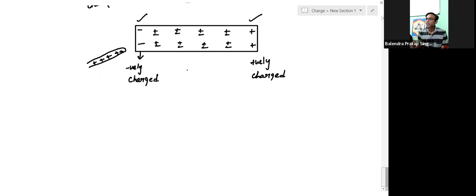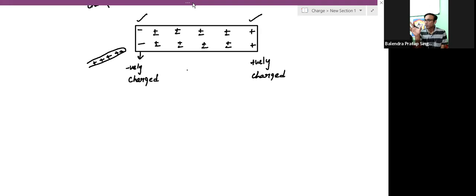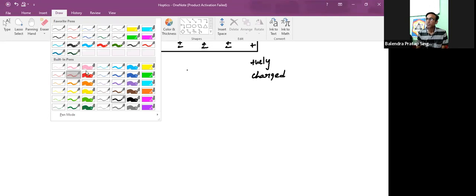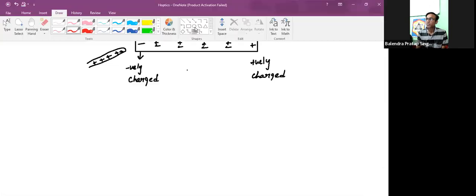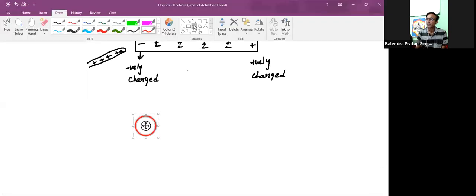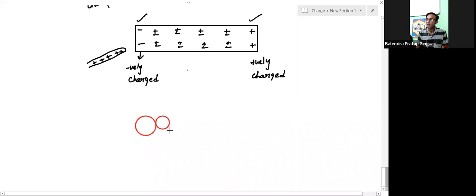Let's again take two conducting spheres which are neutral in nature. Suppose the first conducting sphere, and there is another which is identical to this one.